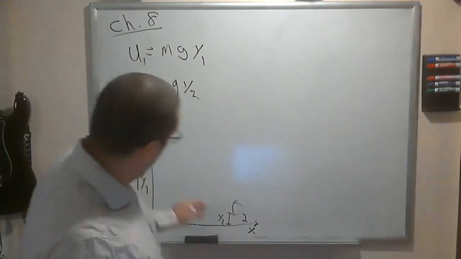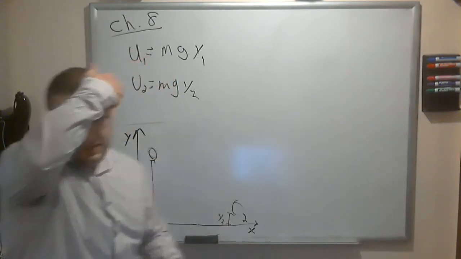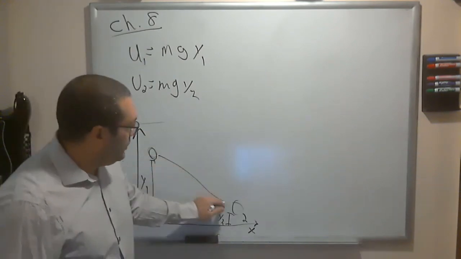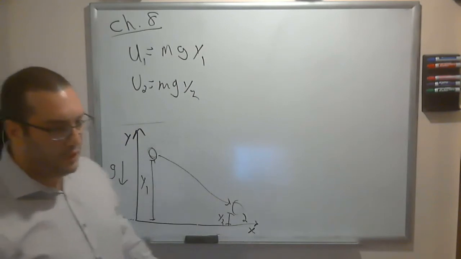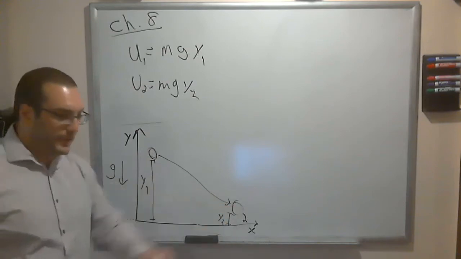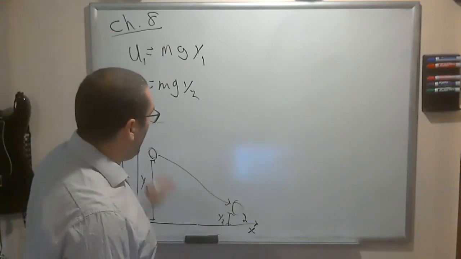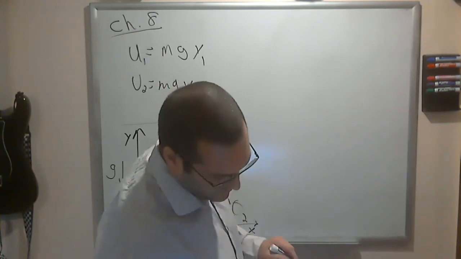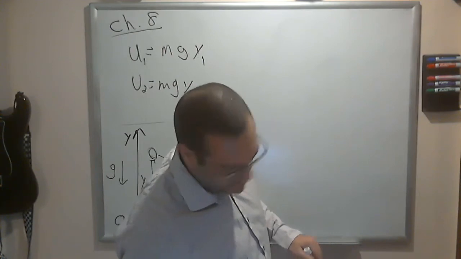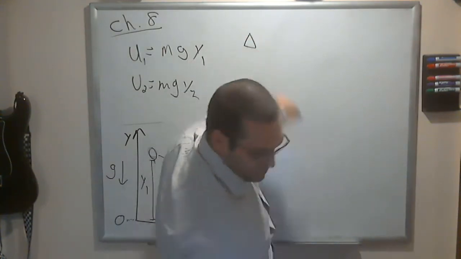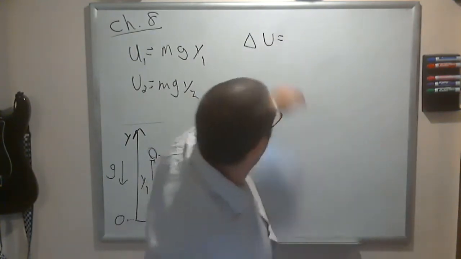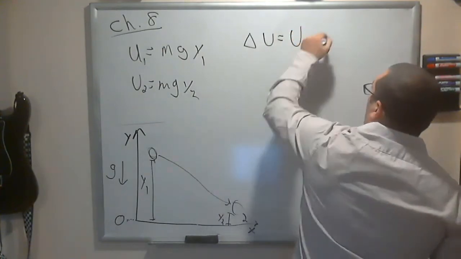And the work done by gravity. Because gravity's doing work to move it down here, where it's giving it energy as it's falling from this height to this height. The work done by gravity is equal to the change in the potential energy.